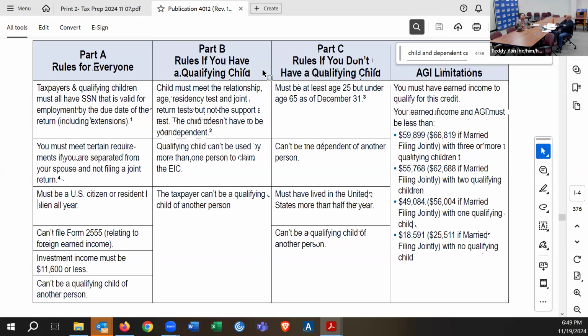So, does Dottie meet the relationship, age, residency, and joint return tests for Kat? Yes, yes she does. Does Dottie meet the relationship, age, residency, and joint return tests for Manny? They're not the support. She doesn't have to meet the support test, and she actually does meet the support test for both of them.